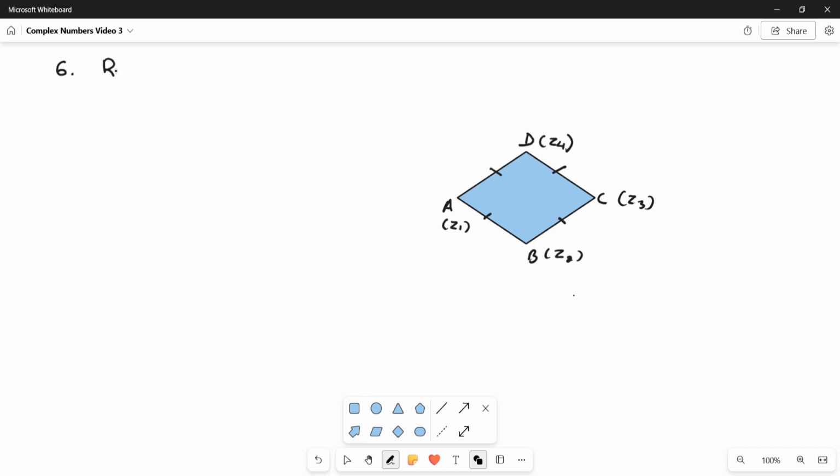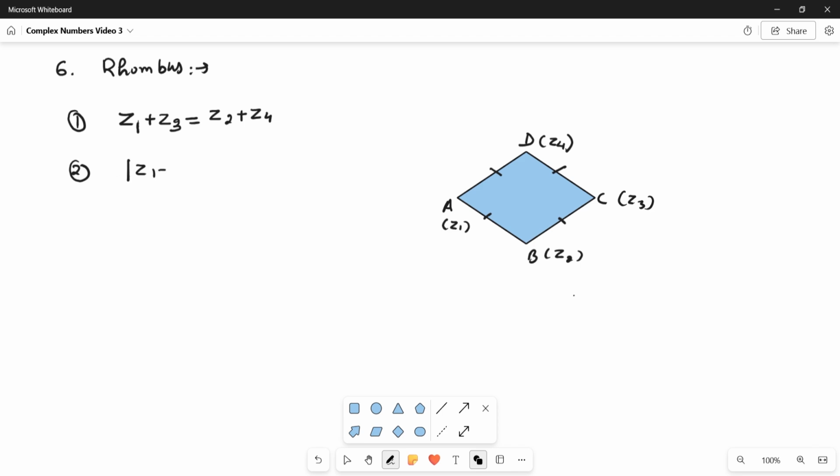So in case of a rhombus, the condition will be again the same: Z1 plus Z3 equal to Z2 plus Z4. That is condition number one.